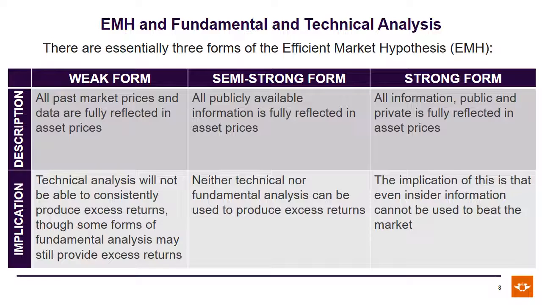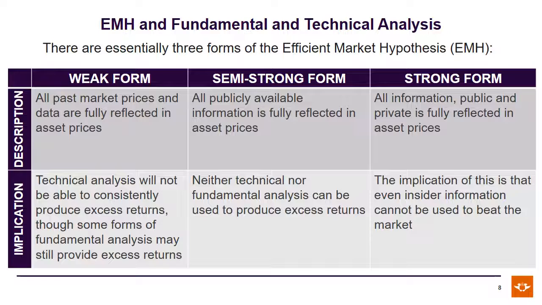What this means is that technical analysis won't be able to assist us in outperforming the market consistently. Even if you try and study them as much as possible, given the fact that all the information is currently in the prices, technical analysis is actually not effective.